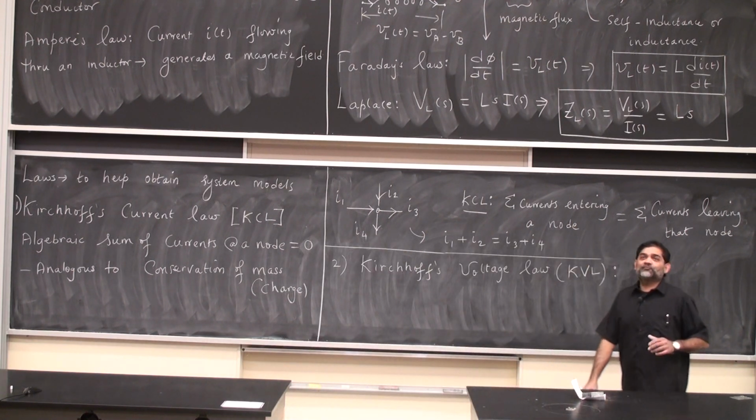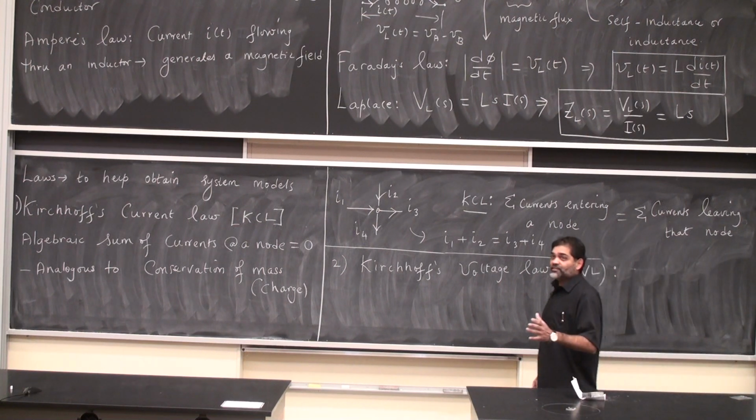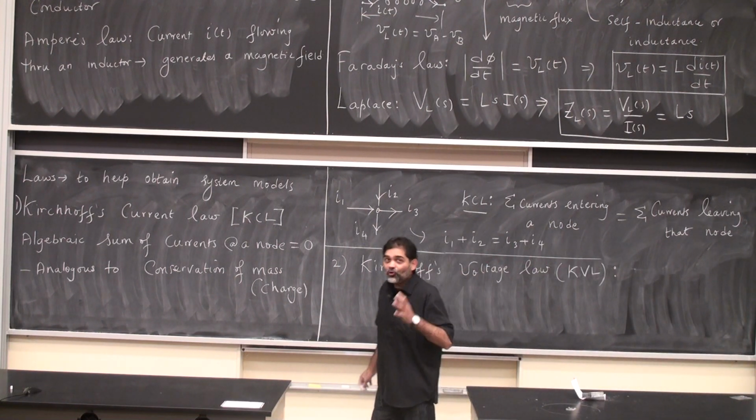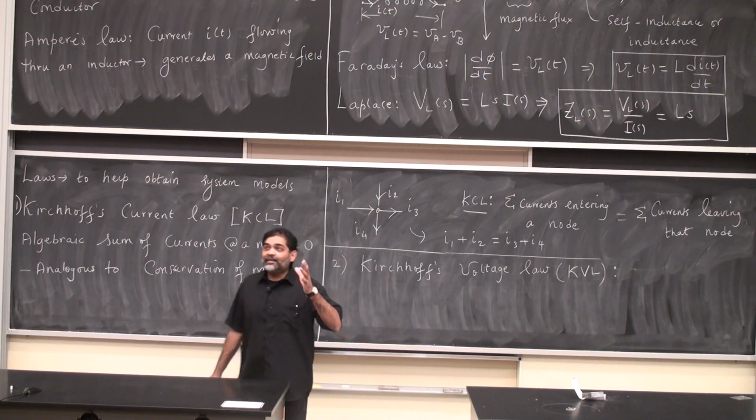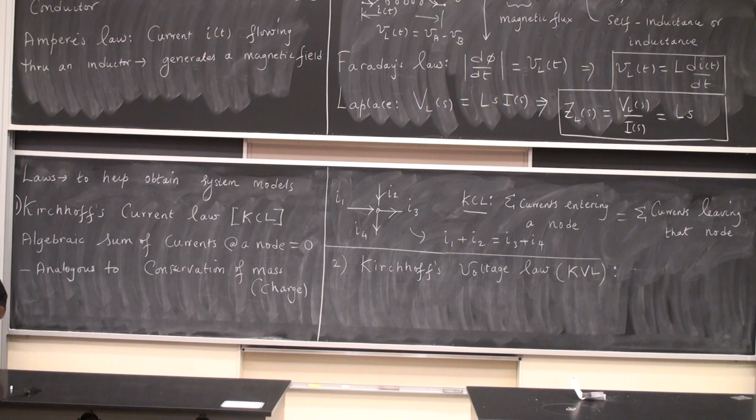And this quite simply says the following. The algebraic sum of all the voltages across all the elements in any closed loop path of a circuit is 0.